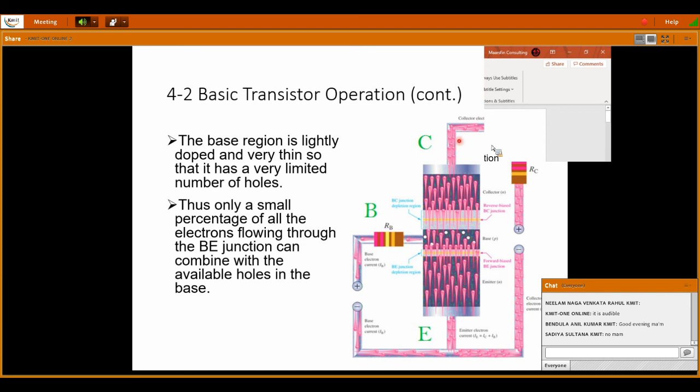So due to that, IC is more compared to the base current.